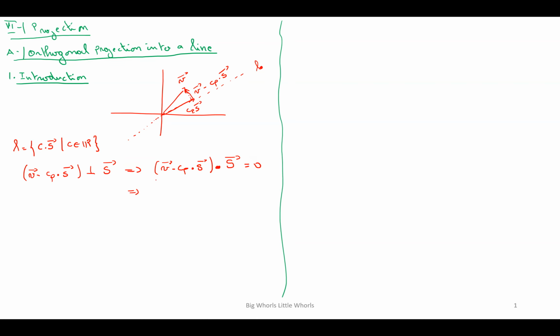We know that the dot product distributes over vector addition. So if you remove the bracket, we have V dot S minus Cp multiplied by S dot S equals 0. Here Cp is a scalar, and the dot is between vectors.